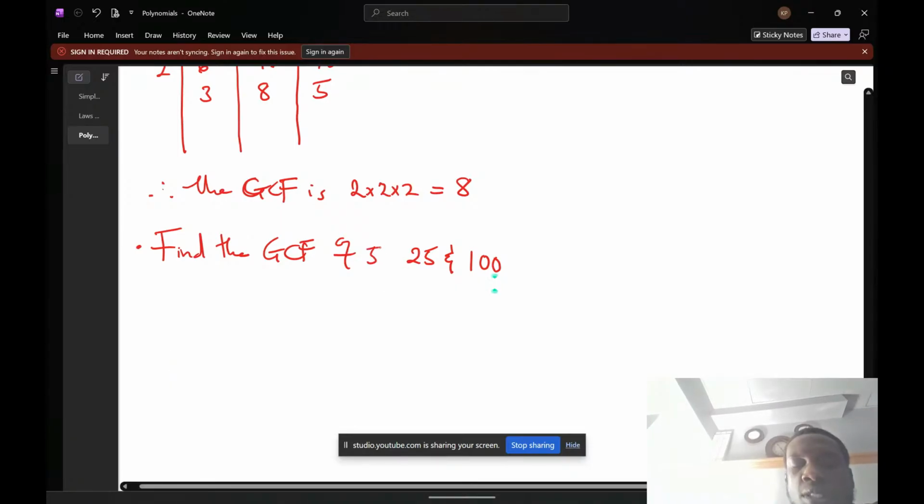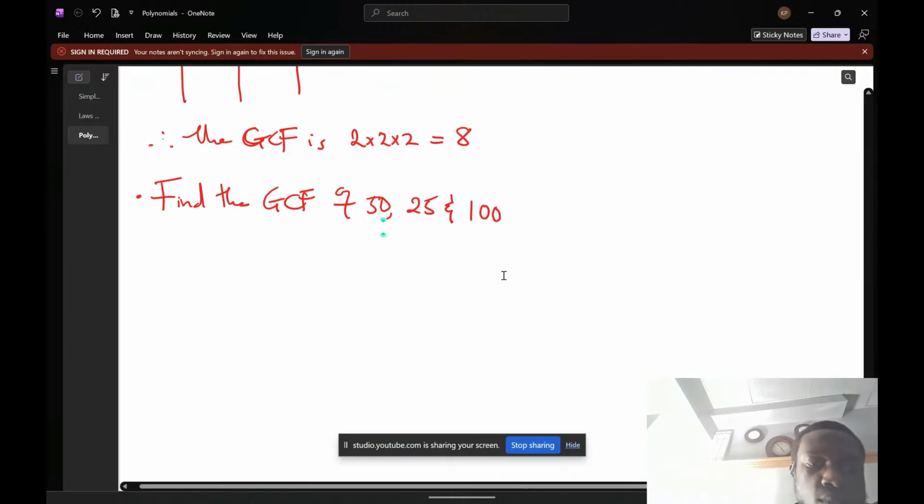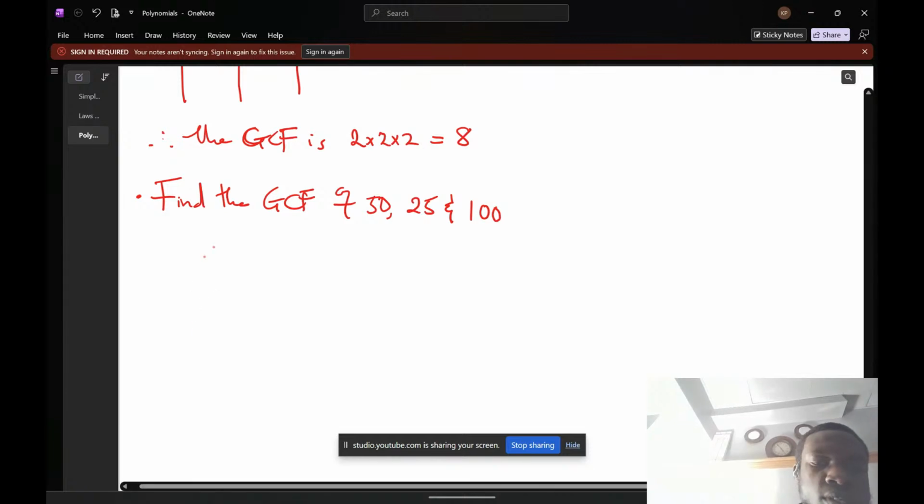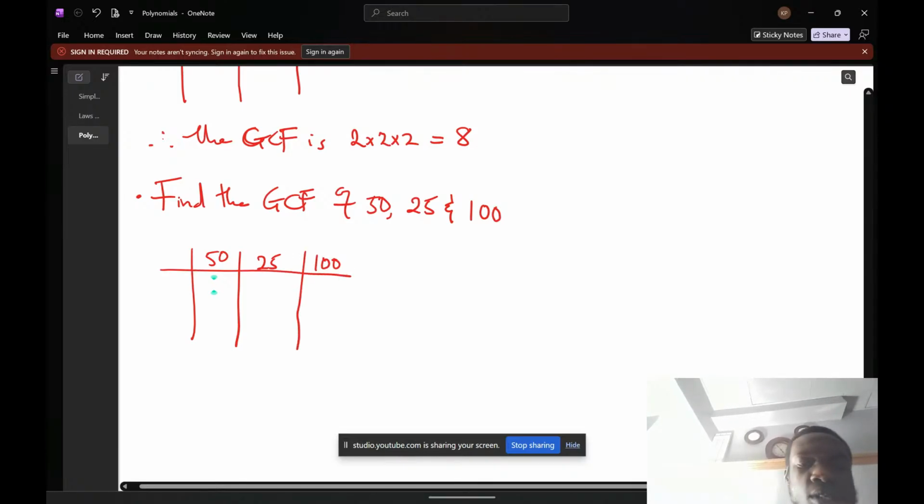So we have 50, 25, and 100. So now the only number that can divide all these 3 without any remainder is 5.